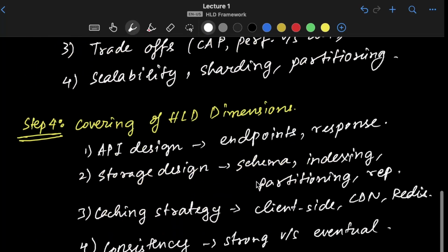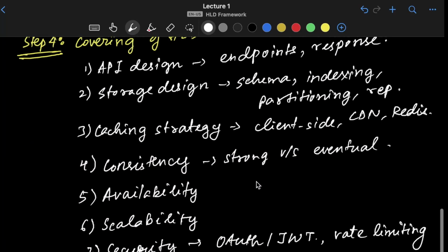So these are mostly the 4 steps, or the framework, which I would say if you keep in mind, then it would be very easy for you to approach any kind of HLD problem. If you see the pattern of any HLD problem, there are blocks scattered here and there, and you just have to plug them into the right places for your system to work properly.